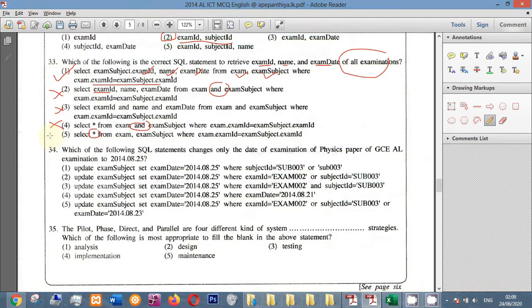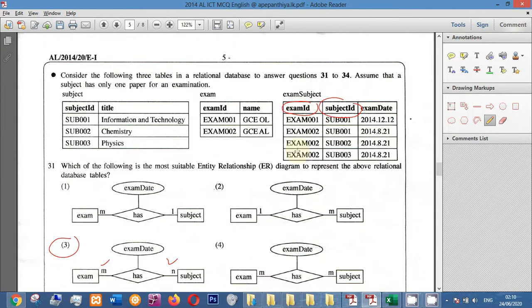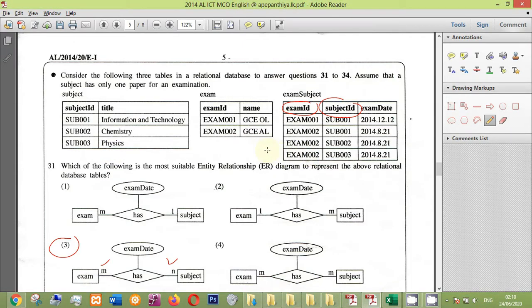Which of the following SQL statements changes only the date of the examination of the physics paper, GCE A level examination, to this particular date? Right, now the physics paper exam subject ID is sub 003, and we can't just take this subject ID in order to change the exam date.